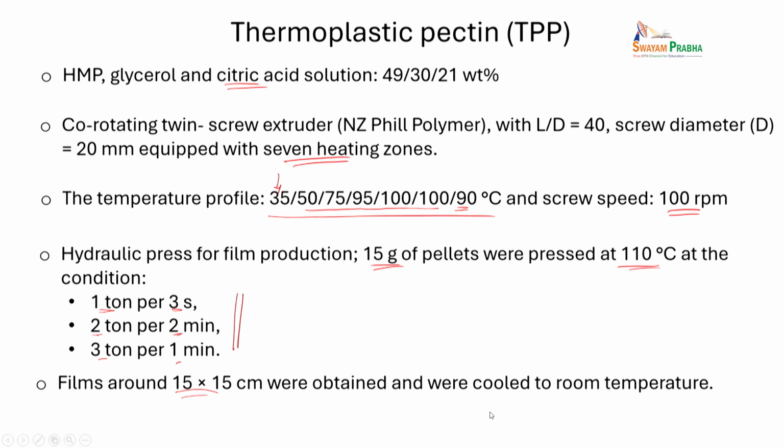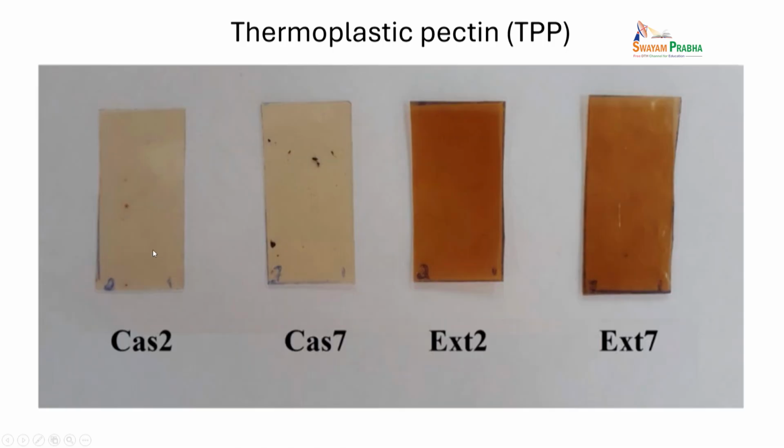Once the films were formed, they were cooled at room temperature. So this is one example of how to make thermoplastic pectin and how you can use compression molding for making films.